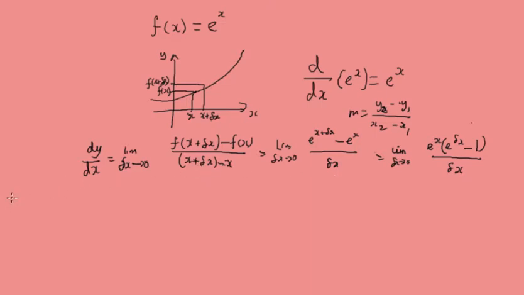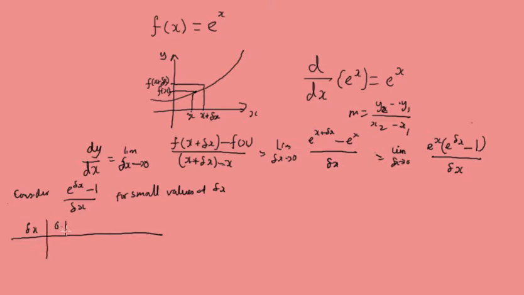Now, if you consider this e to the dx minus 1 over dx for small values of dx. So if you just put some numbers into your calculator, for 0.1, e to the dx minus 1 over dx is going to be 1.051709.